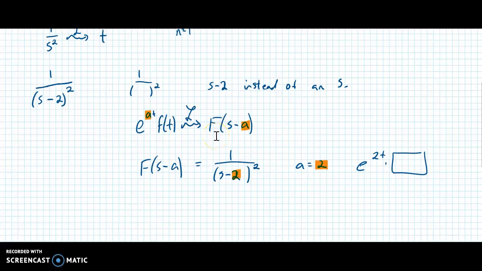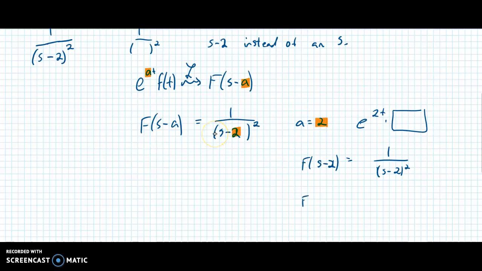Well, if f of s minus 2 is equal to 1 over s minus 2 squared, then to figure out what f of s is equal to, I'm just going to get rid of the minus 2. That would be 1 over s squared.